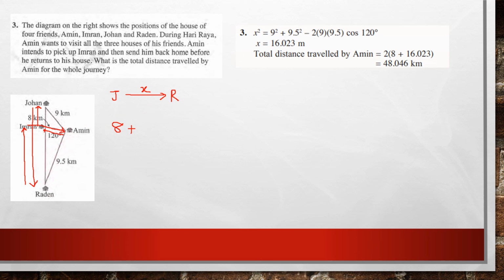That's why we take 2 multiplied with 16.023. Then after he sent Imran back, he went back to his home, Amin. That means another 8 kilometer. That's why here they put 2 times 8 plus 2 times 16.023. So the total distance traveled by Amin is 48.046.